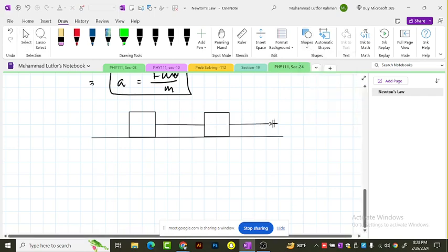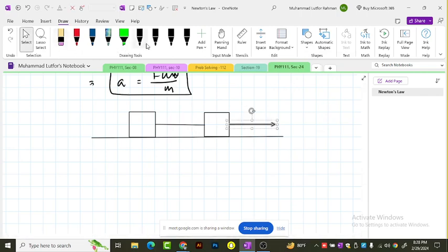Remember, these strings are massless. There is a reason I'm telling you, because this is the most ideal string. If the string has a mass, then the system is going to be different. It's not a part of this Newtonian mechanics. That could be part of classical mechanics, but we are not going to consider that part. In that case, it would be difficult for you.